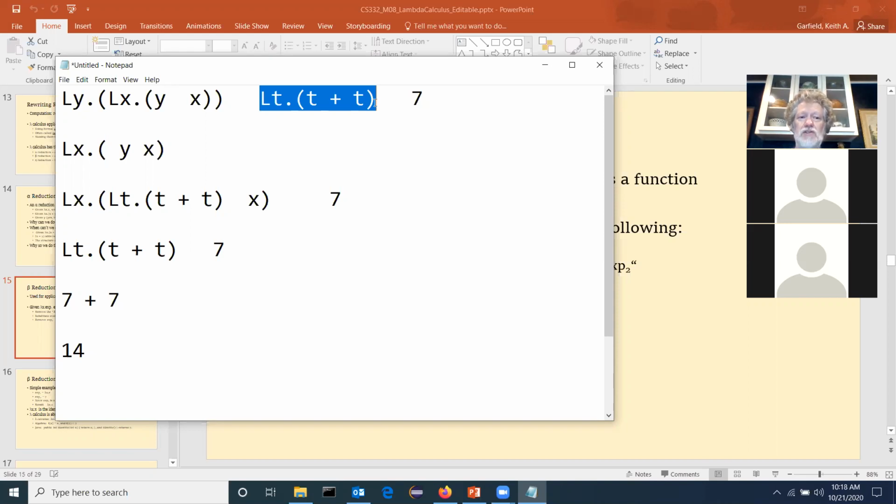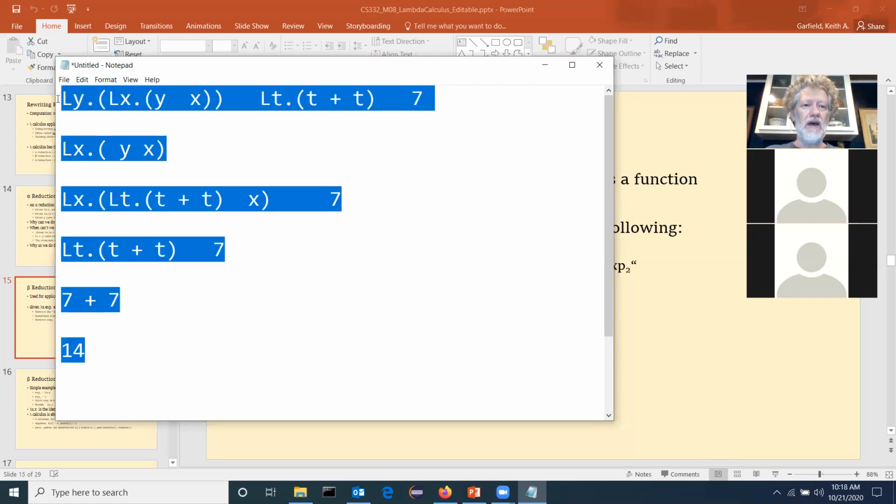So function composition is really what we're doing here. And as we start to get into more sophisticated things, we'll see how this works. Now, let's do something else.